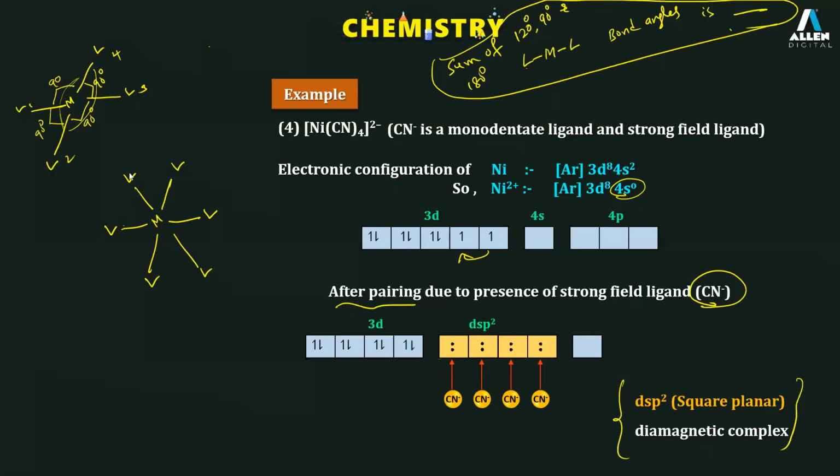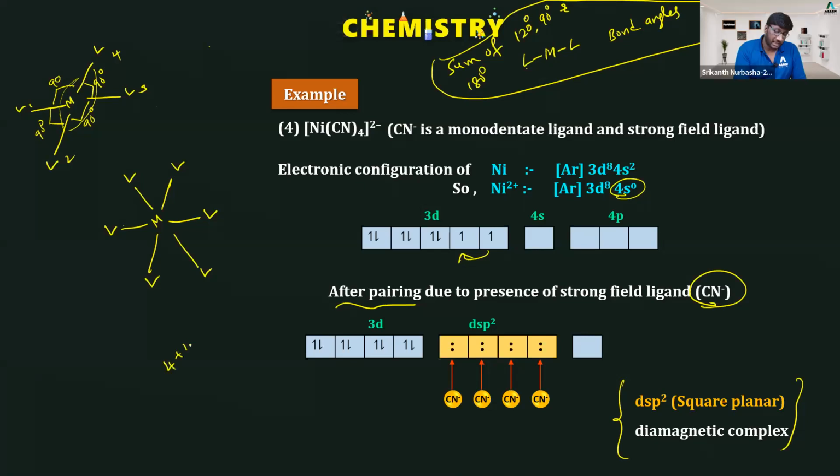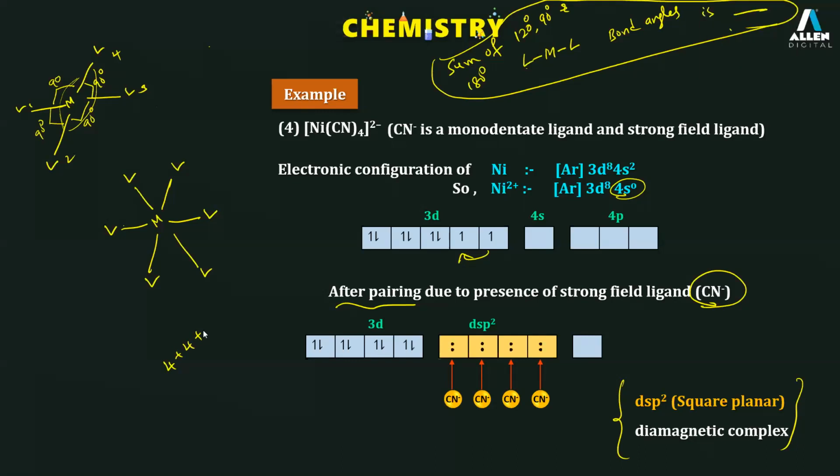Same way the bottom ligand will have 4. 4 plus 4. And do we have any more 90 degree angles? The 4 on the plane. Ligand, metal, ligand 90. So 4 more on the plane.